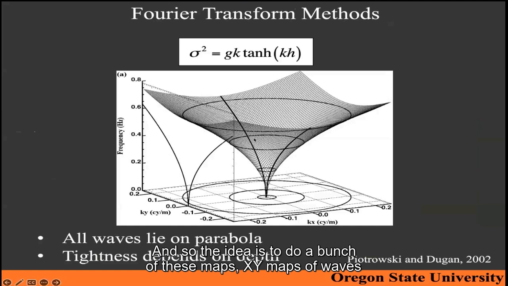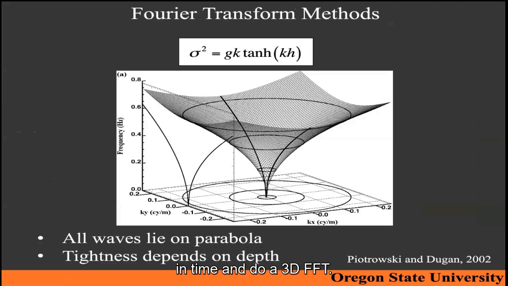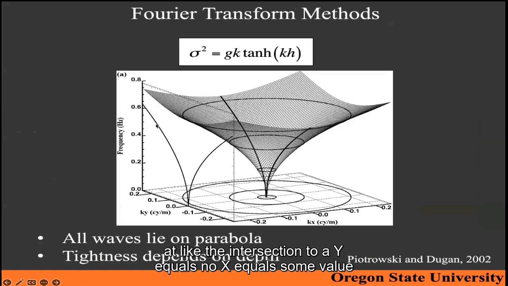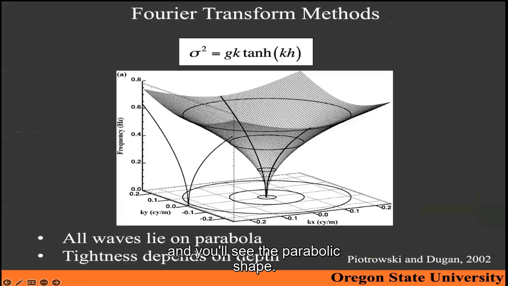And so the idea is to do a bunch of these maps, XY, maps of waves in time, and do a 3D FFT. It's hard to visualize a 3D FFT in two planes, but you can look at the intersection to X equals some value, and you'll see the parabolic shape.